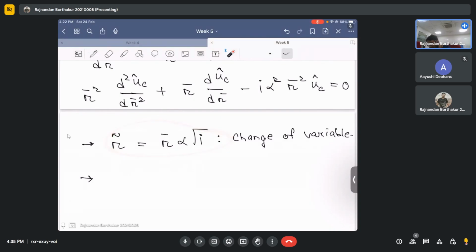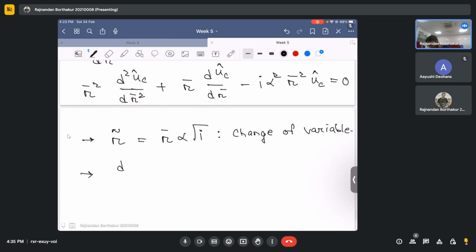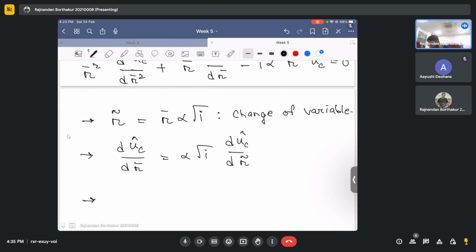Now we need to change the equation from r bar to r tilde. So we get du hat c by dr bar as alpha root i times du hat c by dr tilde, and similarly d2 u hat c by dr bar squared becomes alpha squared i times d2 u hat c by dr tilde squared.